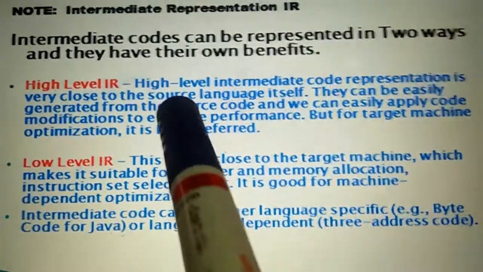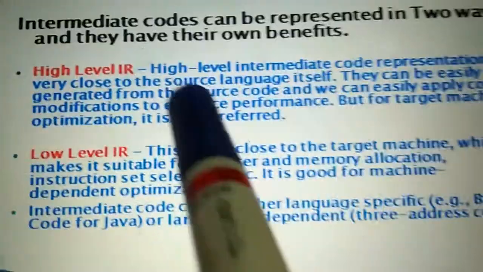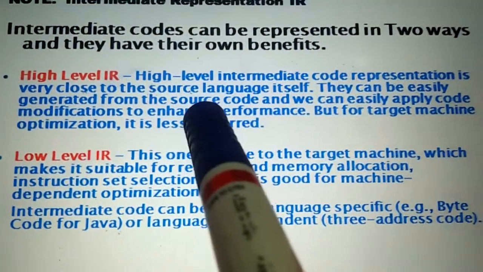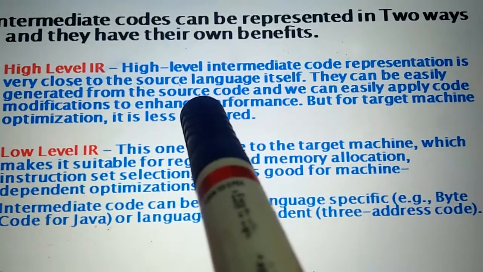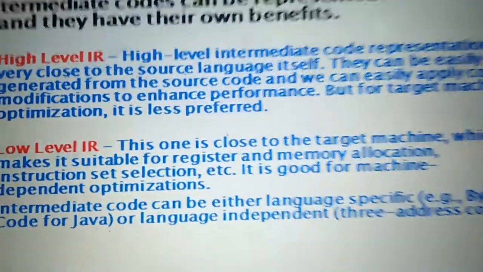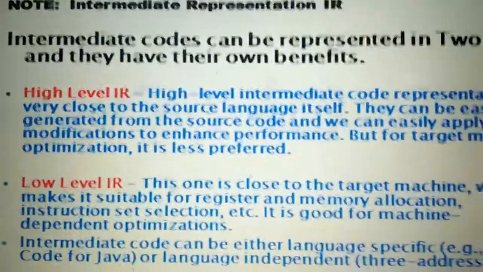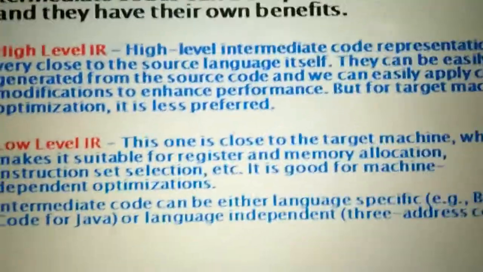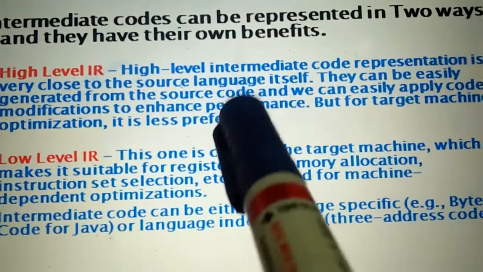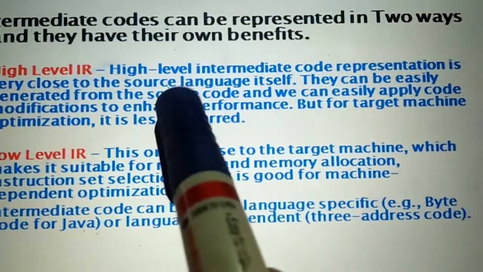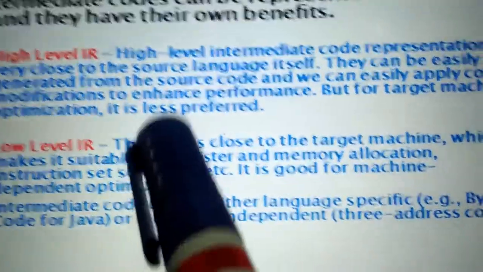As I said, in the high level intermediate code representation, the code can be optimized and modified, but once the optimization is done, the target code is generated from that result, and the target code cannot be modified.